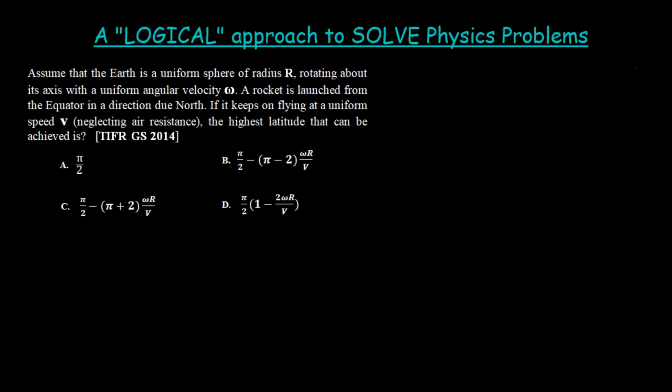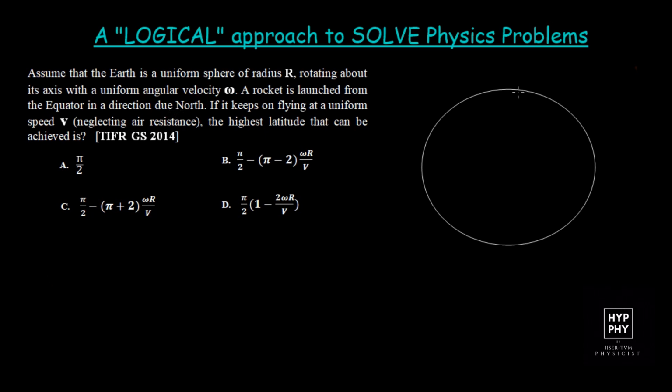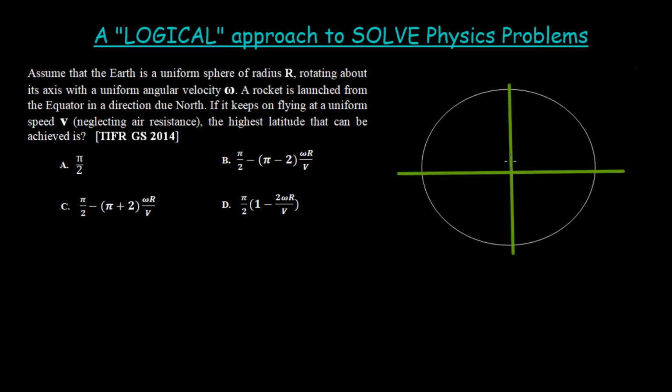So I'm going to take the information from this question into a pictorial representation. We have the two-dimensional representation of Earth here. I'm going to mark the x and y axes just to mark the latitudes properly. What do we mean by latitude? Let's say this is the x-axis and this is the y-axis, and the x-axis, this horizontal line, represents the equator.